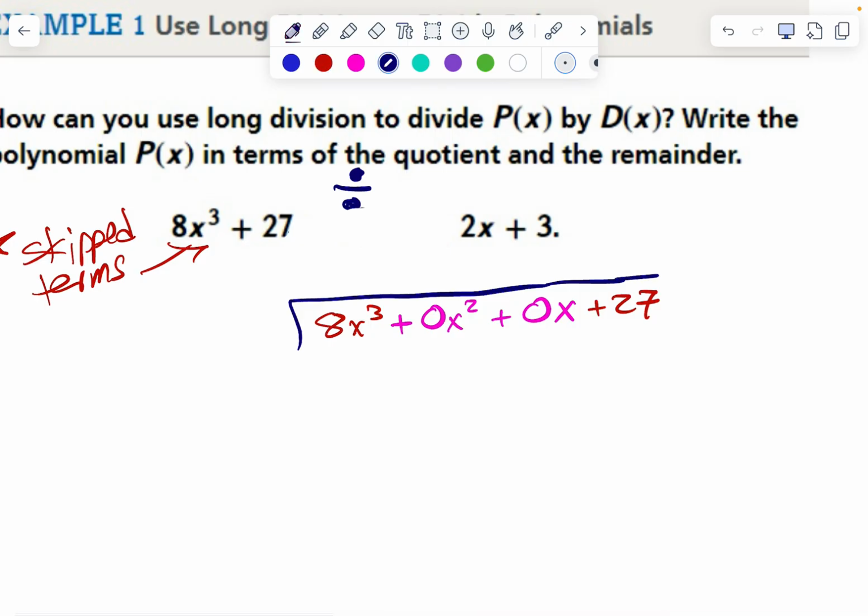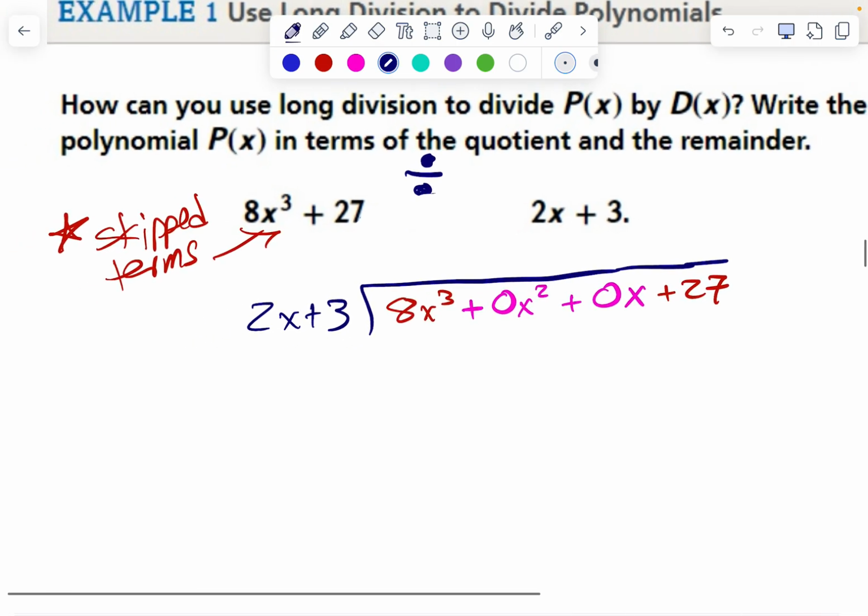If this was fourth, we would have to do 0x cubed, 0x squared, 0x. So anything that's skipped, make sure to put in there. That is also true if there's a term skipped out front. In this case, we're fine, but if there's a term out front that's skipped, we have to do that too. Okay. If it helps, write the process over here in symbols off to the side, just to remind you.